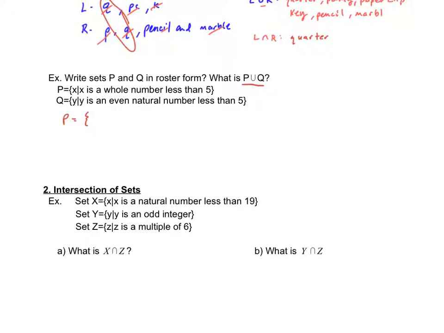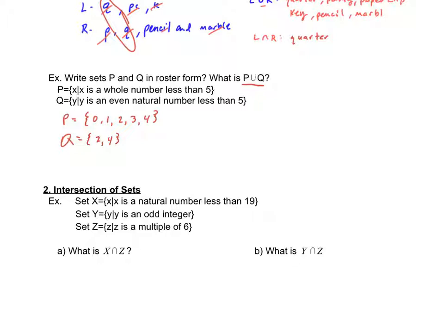So my whole numbers less than 5 are 0, 1, 2, 3, and 4. Q is all values of y such that y is an even natural number less than 5, which would be 2 and 4.